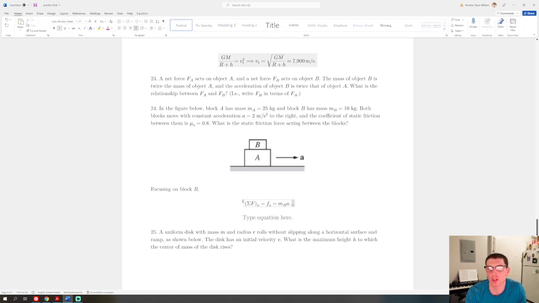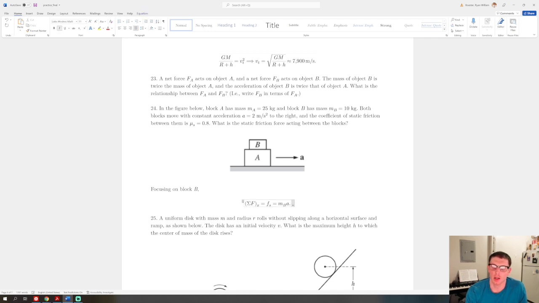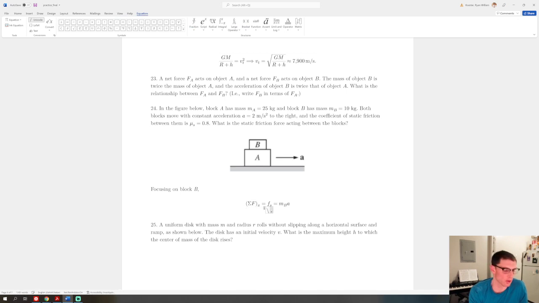Because what we see, right, is that the maximum static friction force is just going to be given by mu sub s times the normal force on B, right?